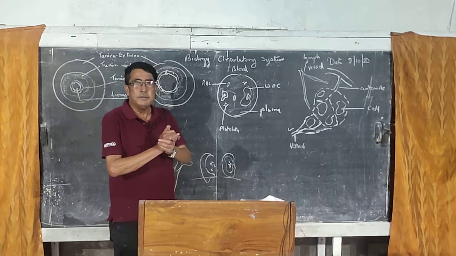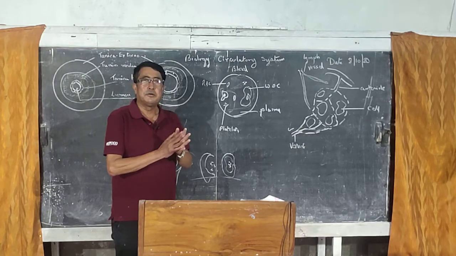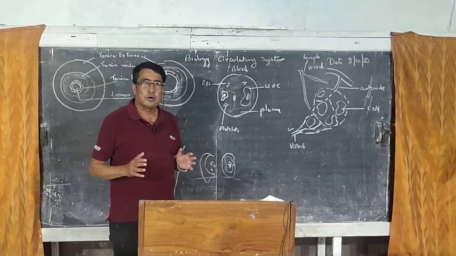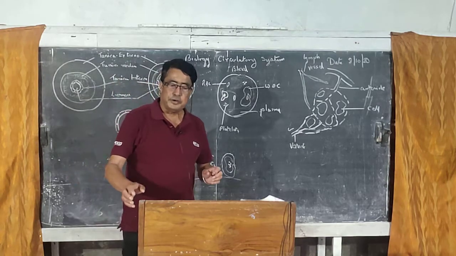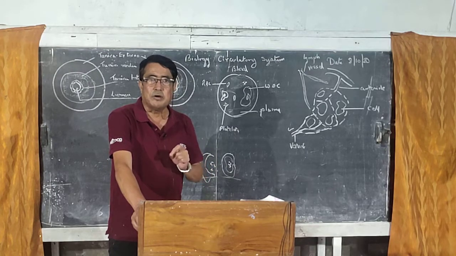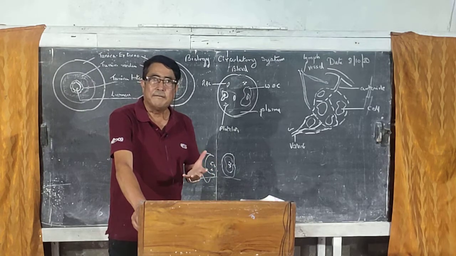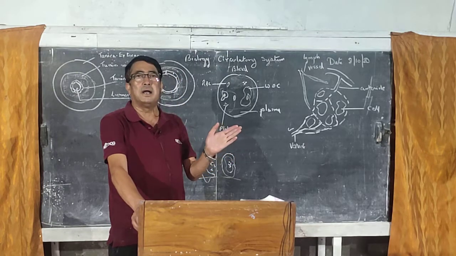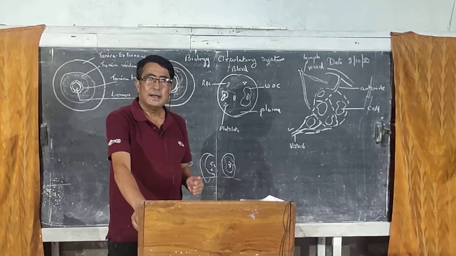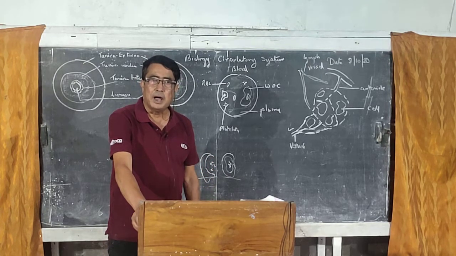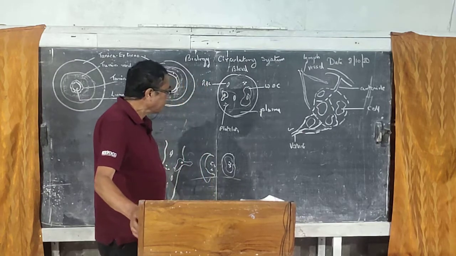This protein helps the blood to clot when the blood vessels are damaged. Clotting of blood means changing of liquid blood into a semi-solid form when the blood vessels are damaged. So it prevents the flow of blood when the blood vessels are damaged. And the mechanism of clotting of blood we'll do later on.